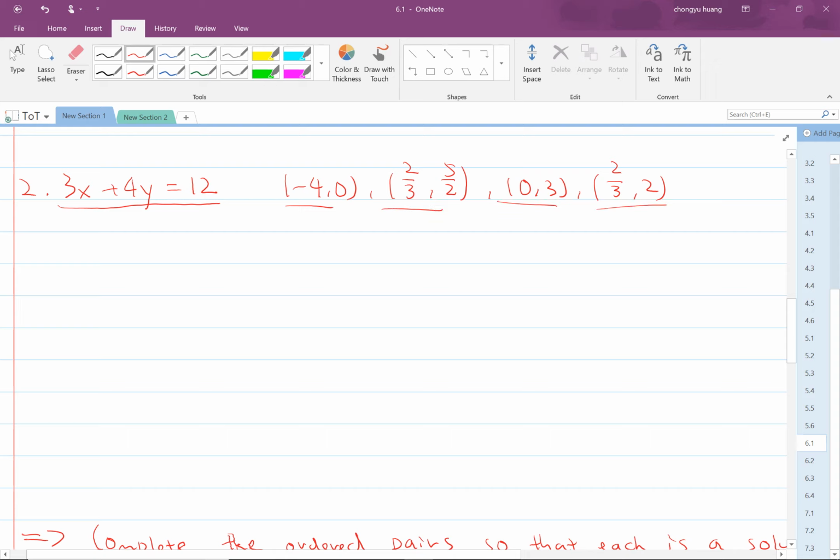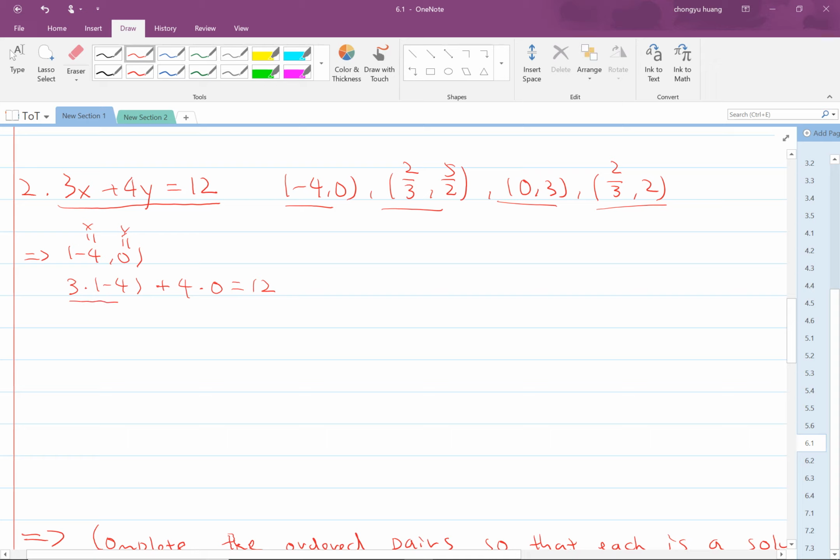We got 4 points over here, and let's start with negative 4 and then 0 as the first point. As I say, x equal to -4, y equal to 0, right? So now we plug in the point. We got 3 multiplied by -4 and then plus 4 multiplied by 0, equal to 12.